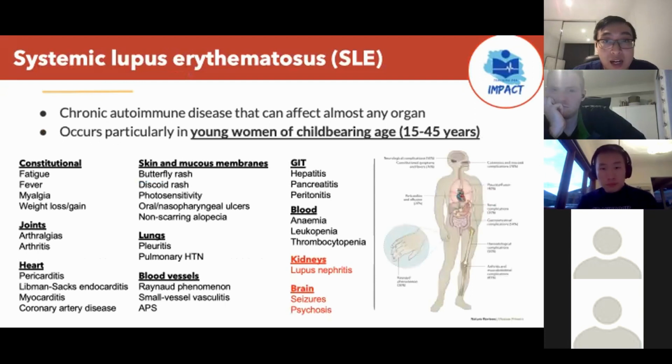So SLE is a chronic autoimmune disease that can affect almost any organ. The classic presentation is that of a young woman of childbearing age presenting with fever, joint pain, and rash. Now, the reason for female predominance remains a little unclear, but the theory is that it may be in part due to the effect of estrogen.